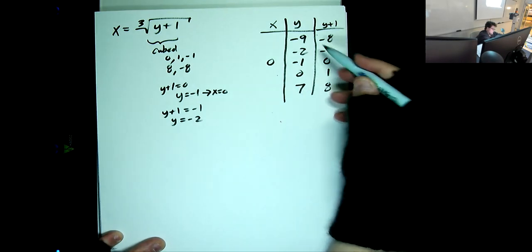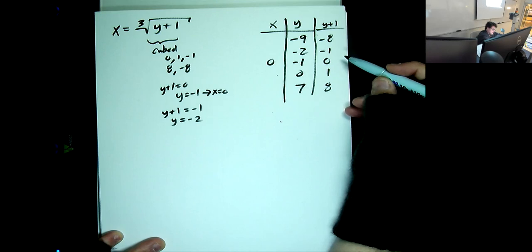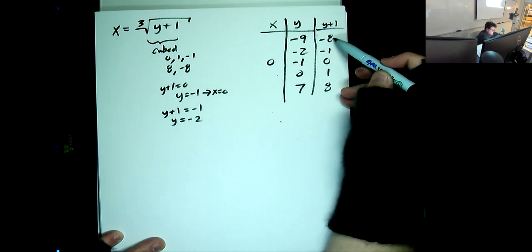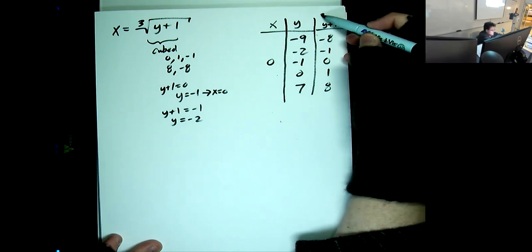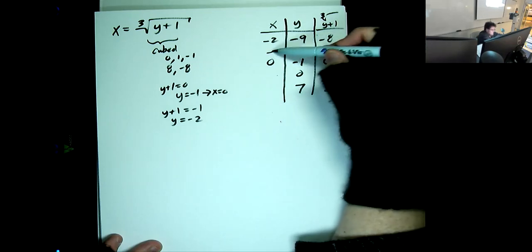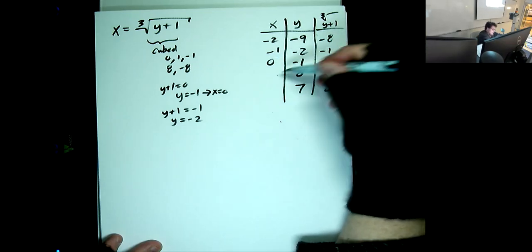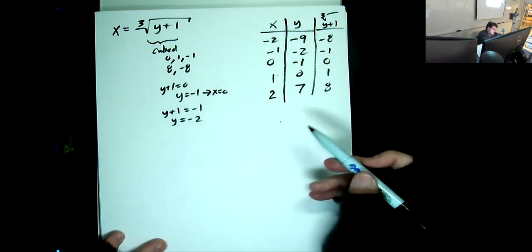So if I solve for the y values from this, I could do that. And now I'm taking the cube root of this right. I made 3 columns here. I want the cube root of this column. Cube root of -8 is -2. Cube root of -1 is -1. Cube root of 1 is 1. And cube root of 8 is 2.